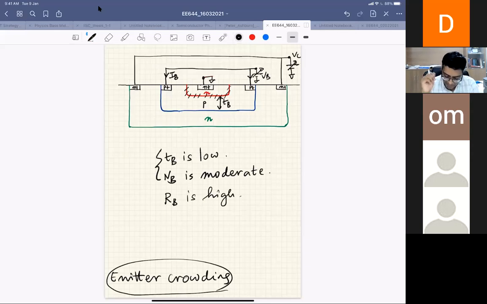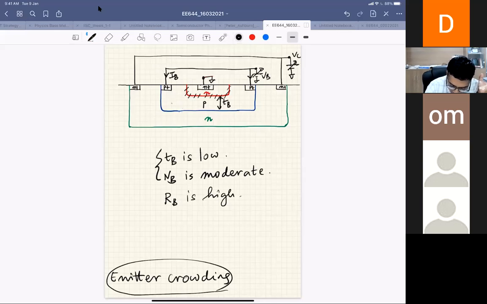So if the base current is going in, then there is a base resistance here, RB, right? If I'm giving 0.7 volt here, there is a voltage drop. The voltage reaching the emitter-base junction, because your emitter-base junction needs to be forward biased, let me do it properly.